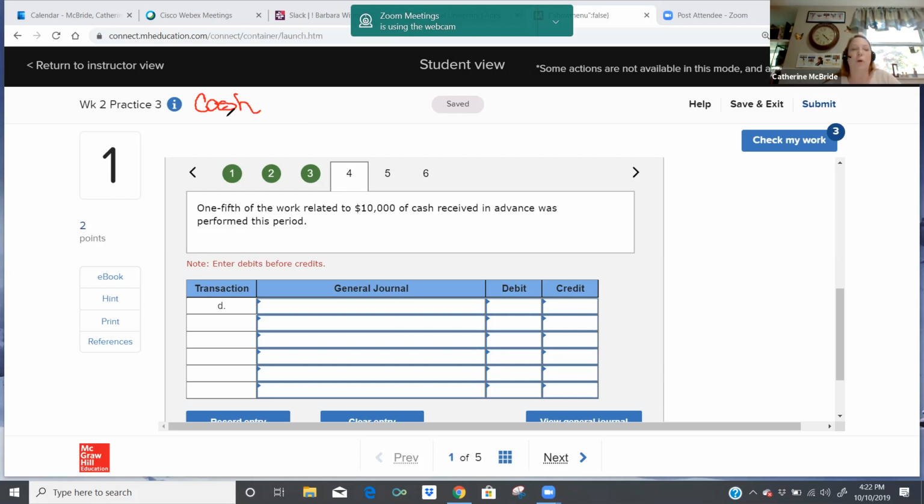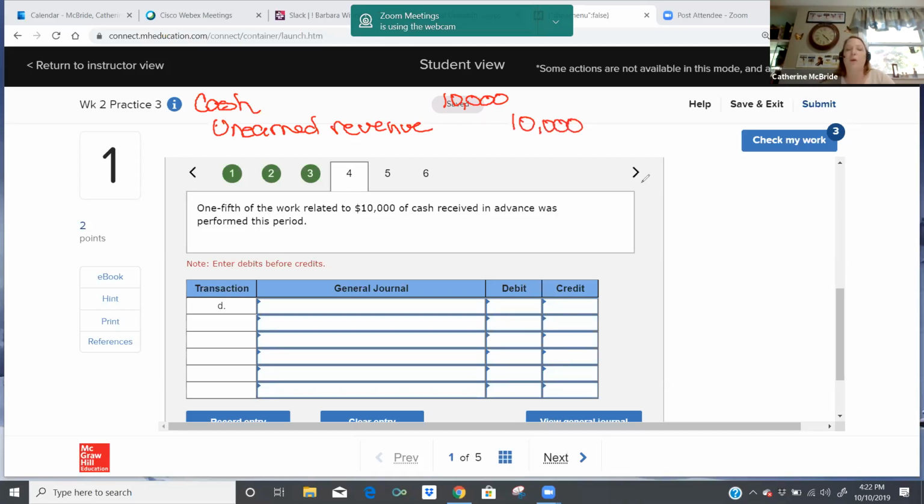And what did we record? If we received cash in advance, what is that called? Unearned revenue. So first, we received cash of $10,000 and we recorded unearned revenue of $10,000.